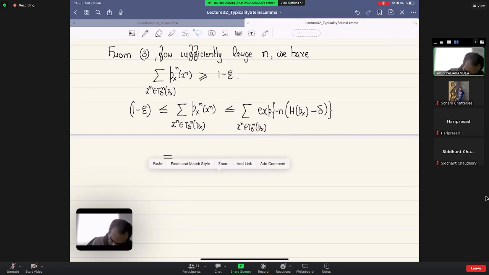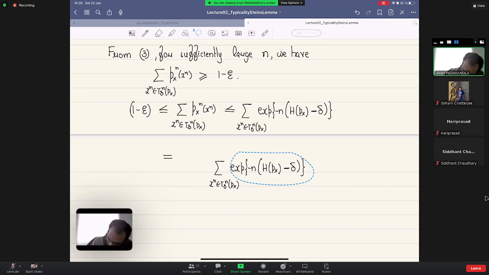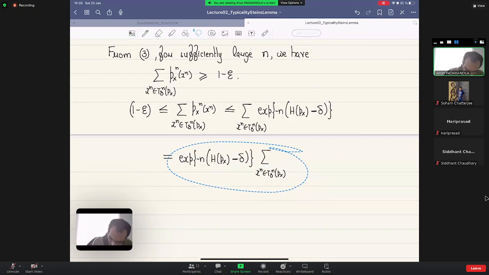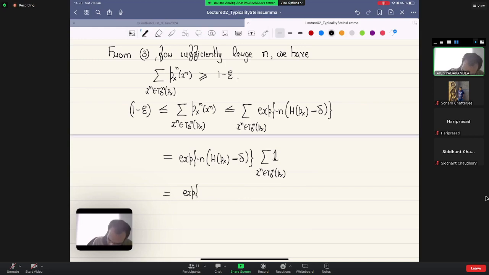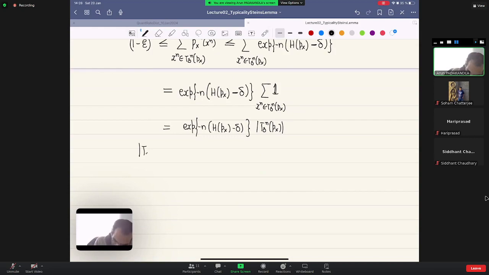So I'll end up getting just, copy paste, I'm going to pull this here, and I have 1 here. So that means I have exp minus n times (H(p_X) minus delta) times the number of elements, so the size of T_delta^n(p_X) has to be at least 1 minus epsilon.